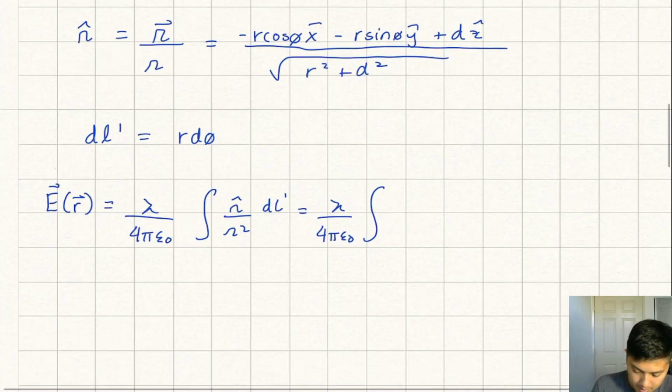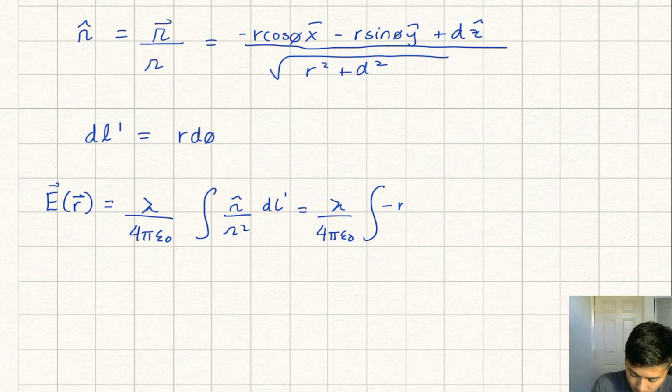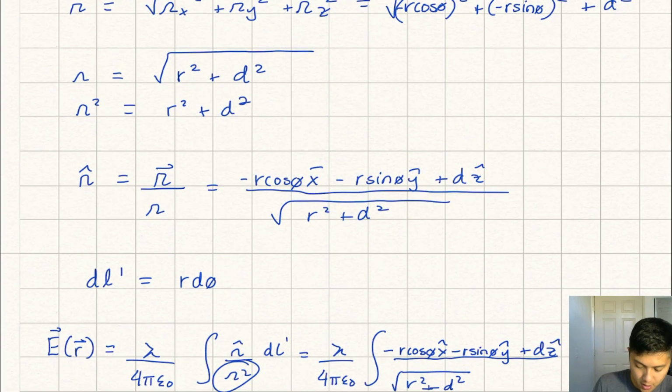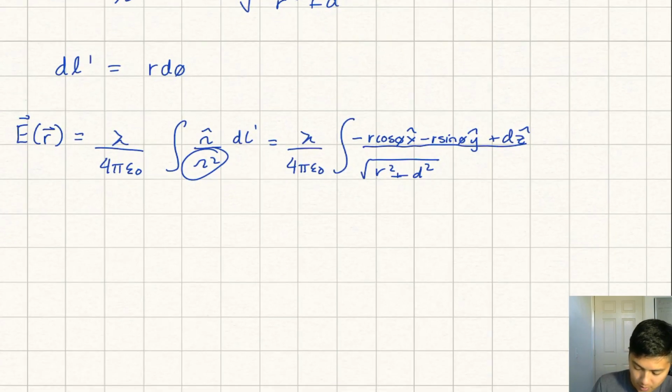Now r hat is this thing: negative r cosine phi x hat minus r sine phi y hat plus d z hat, over the square root of r squared plus d squared. Now, what is this r squared magnitude term? Well, that was just r squared plus d squared. So we have another r squared plus d squared right there. But we can combine it with the first one to the left of it.